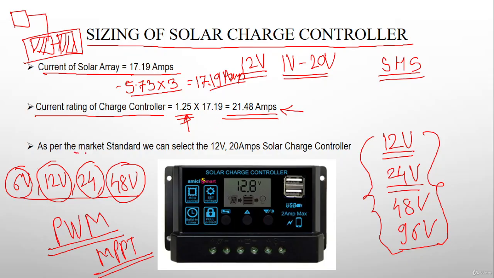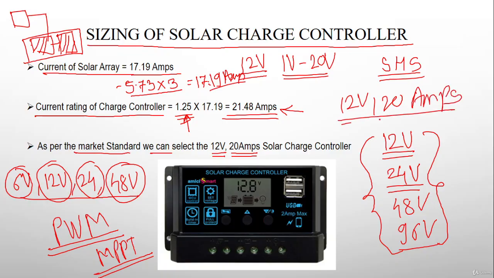As per the market standard, we can select a 12 volt rated solar charge controller which can handle current up to 20 ampere. So in this case we can select a 12 volt, 20 ampere rating solar charge controller in the designing process of the solar home systems.